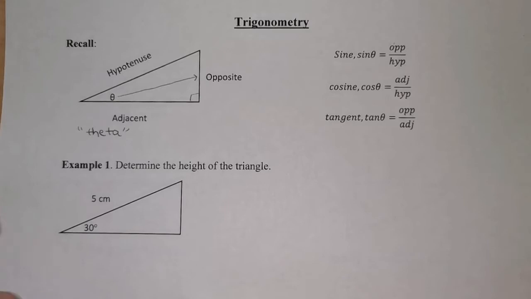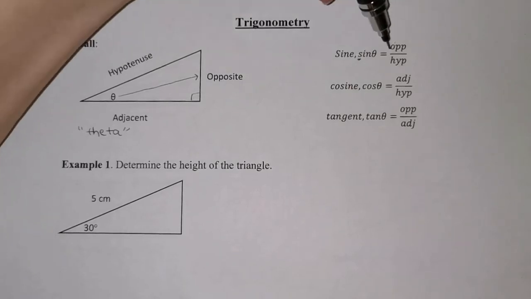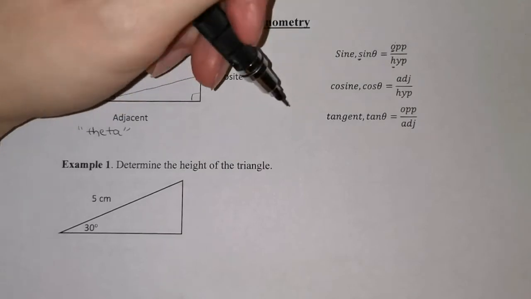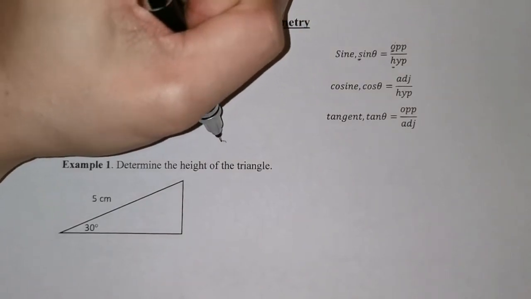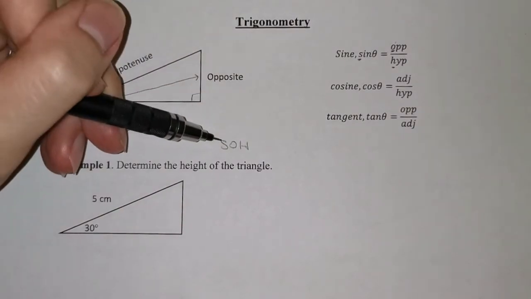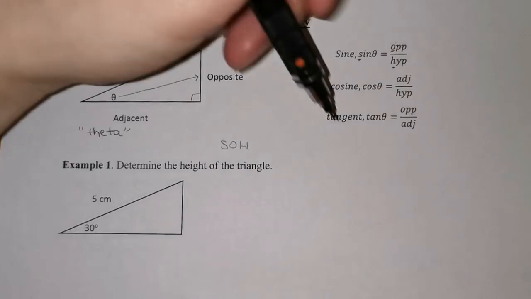So there's an easy way to remember this stuff. If you take the first letter, S-O-H, then that one is called SOH. Sine theta is equal to opposite divided by hypotenuse.